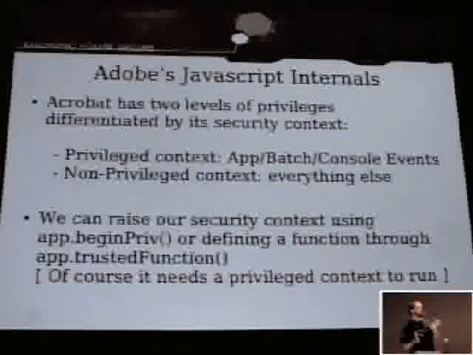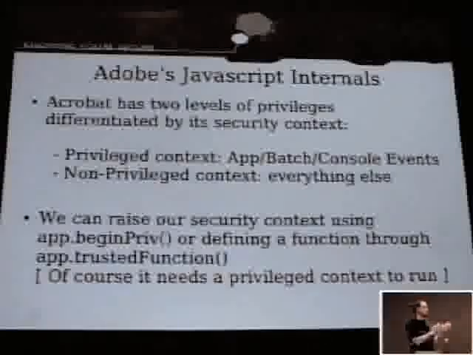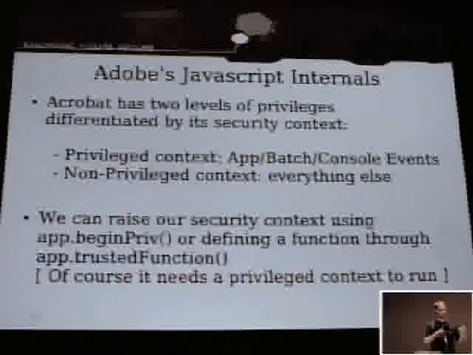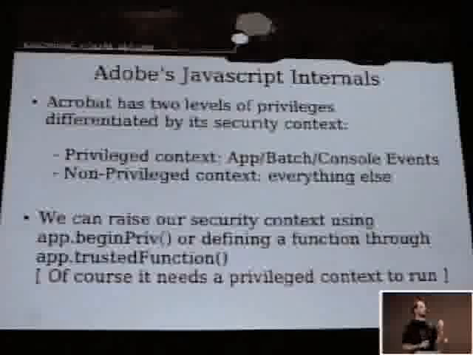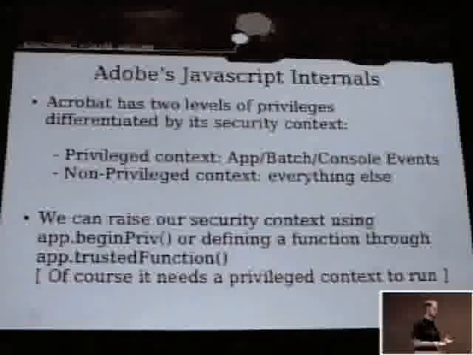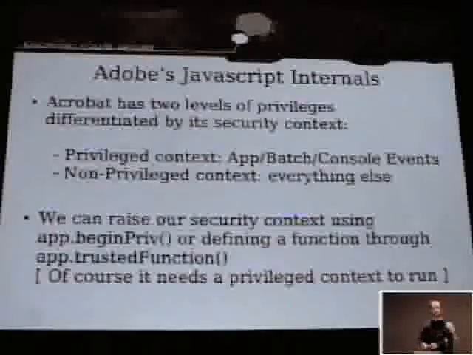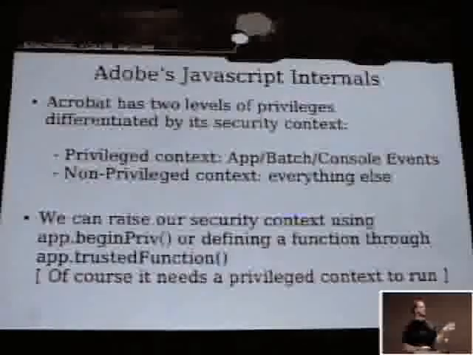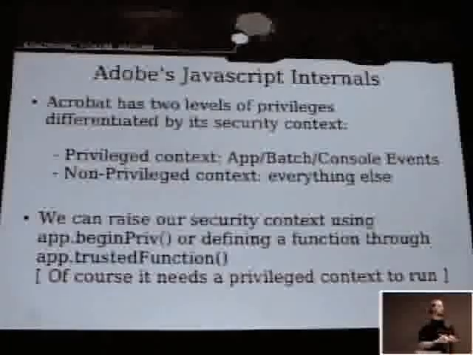And so you have two levels of privileges. We have privileged contexts, which are the application-level contexts, such as the batch and console events. And you have the non-privileged context, which is almost everything else. Everything you can touch from a document is non-privileged, so you don't have access to the complete API.